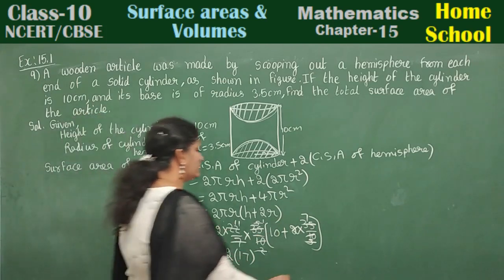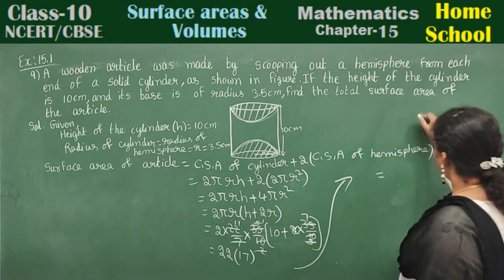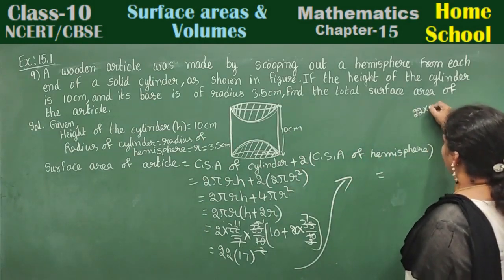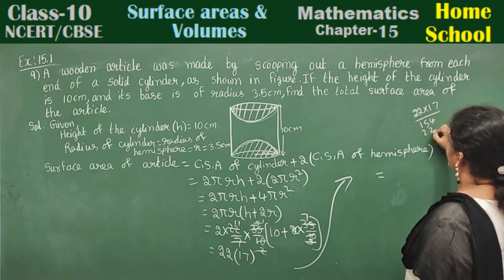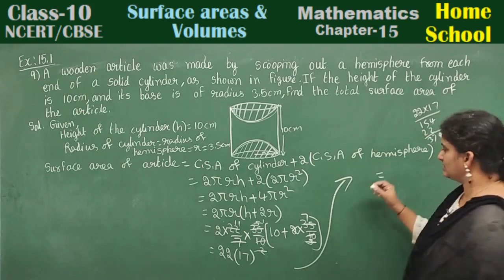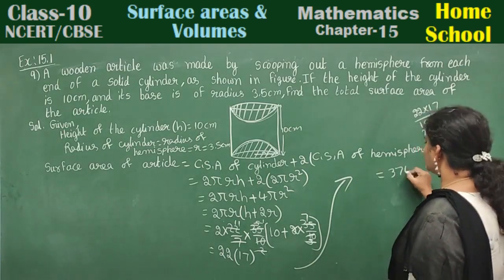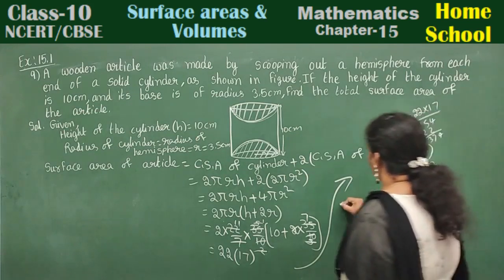Now multiply this, children. It will be 22 into 17. 7 2s 14, 15, and this will be 22. It will be 374 is your answer, that is equal to 374 centimeter square.